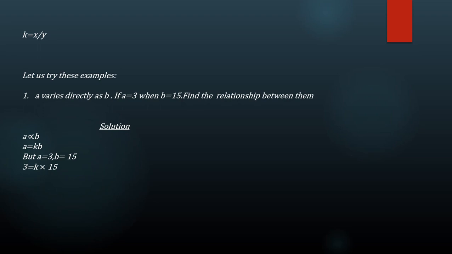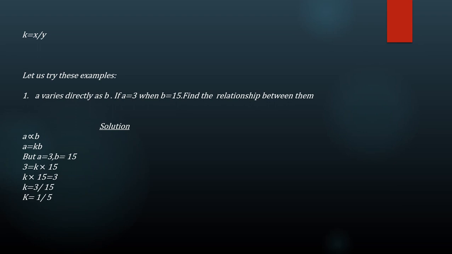So 3 equals k times 15. Now we want to make k the subject of the formula, so we'll divide both sides by 15. We have k equals 3 over 15, and if we simplify this, we have k equals 1 over 5.